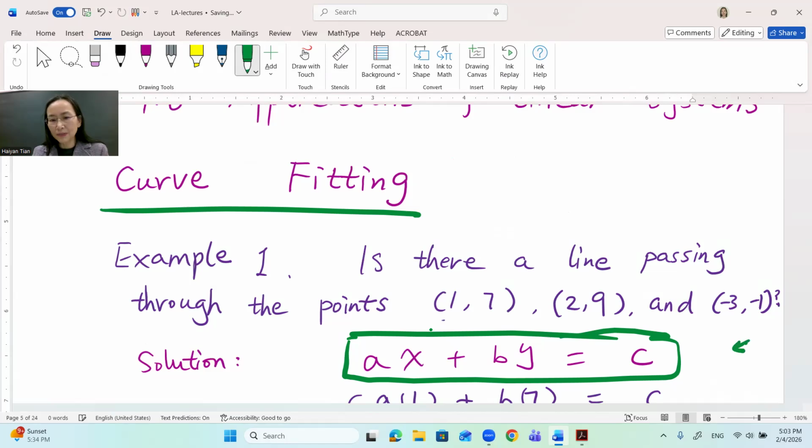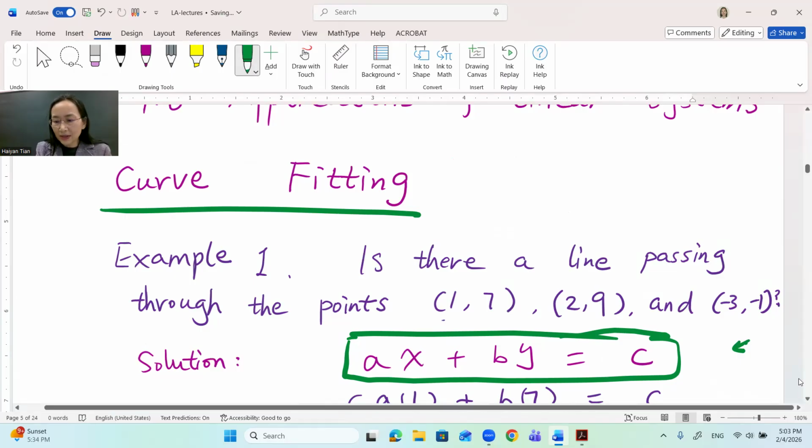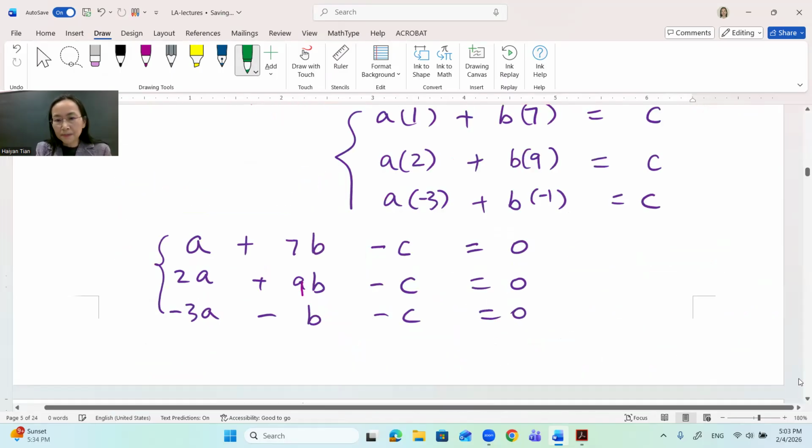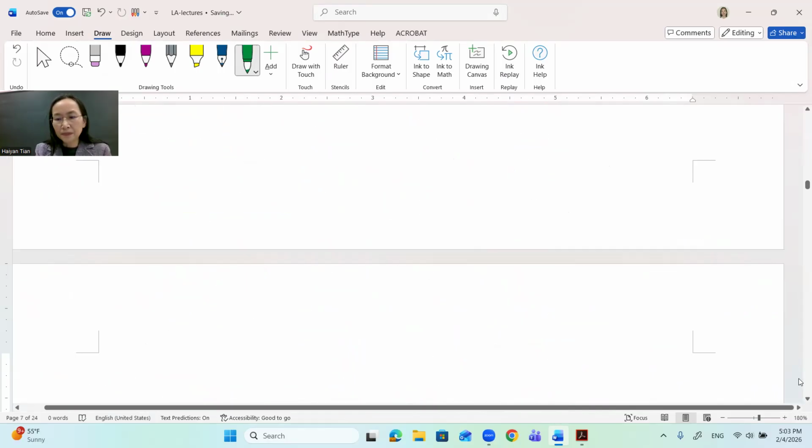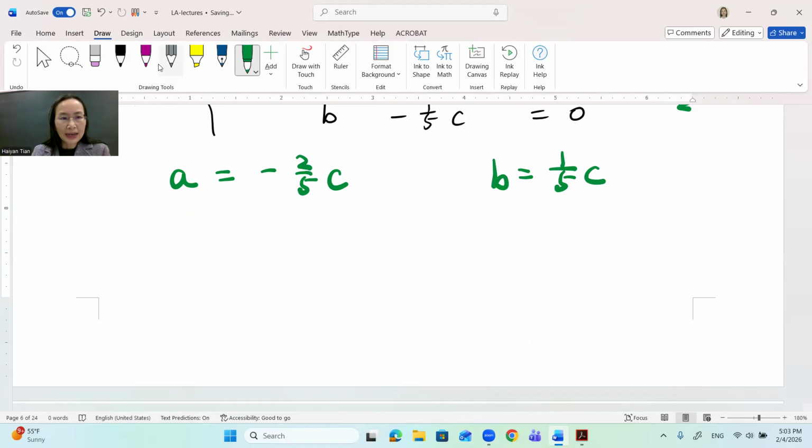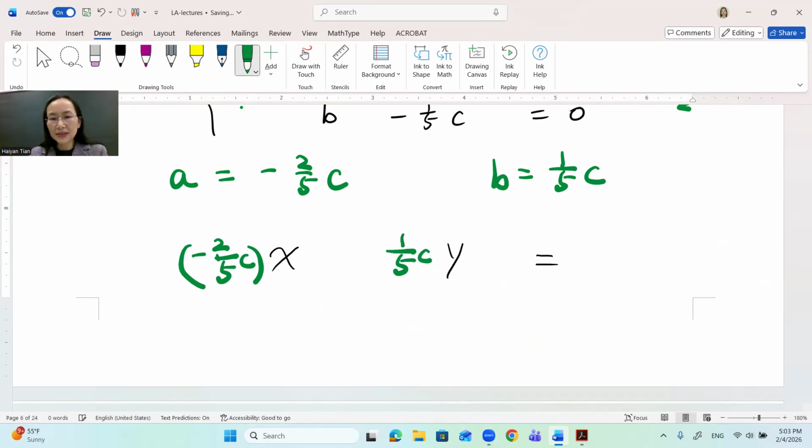So let's look at the equation we got here: AX plus BY equals C. Now A is -2/5 and B is 1/5, in terms of C. So A and B are both in terms of C.